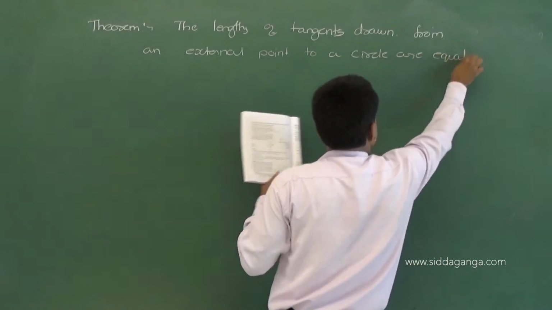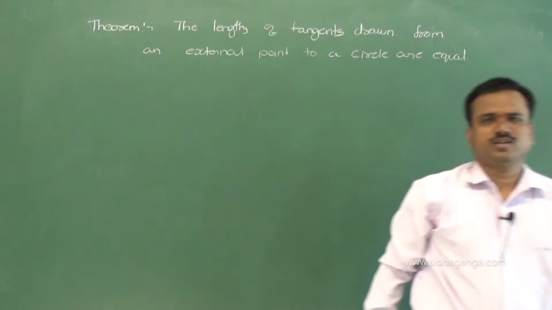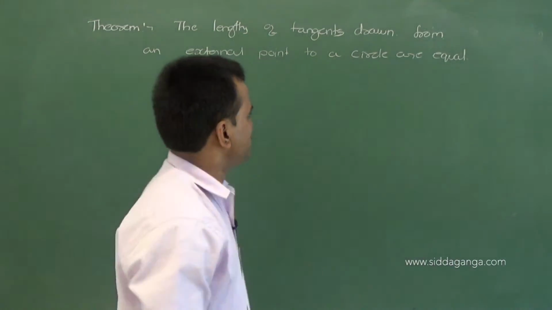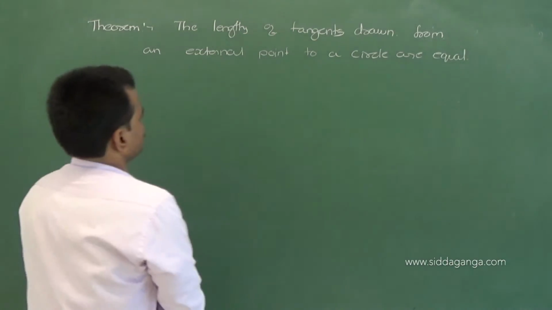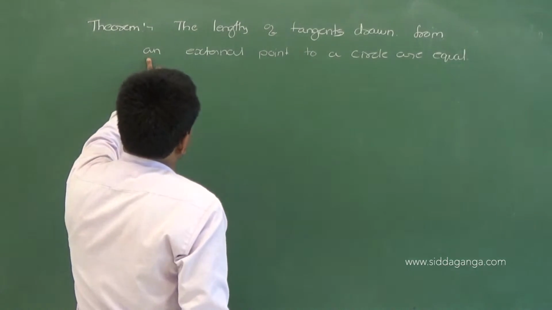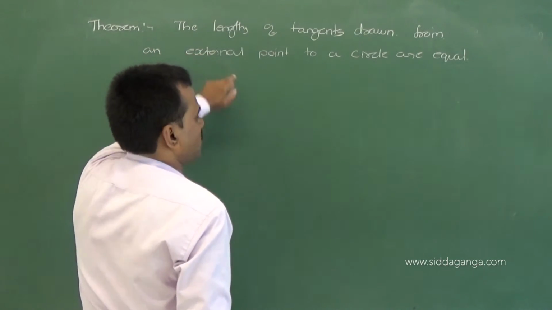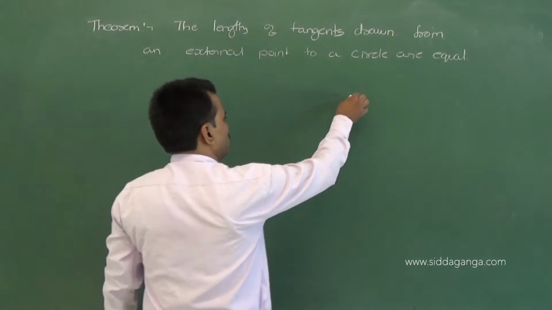Very important. The lengths of tangents drawn from a point that lies outside the circle are equal.